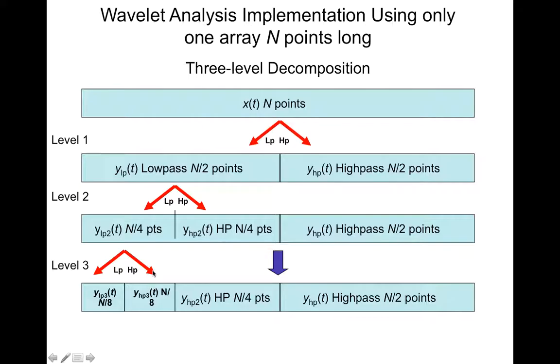And so each one of these, if you'll note, as you go through the decomposition, has half the points of the previous one. So you're not really taking up a lot of extra computer memory because you're basically reutilizing the memory that you had in the first decomposition level. And because you haven't yet done away with any actual information, then you're okay.